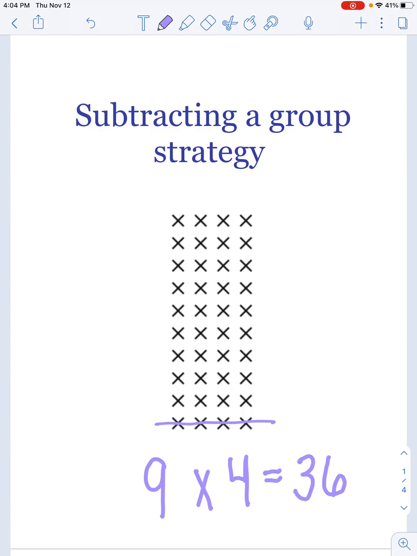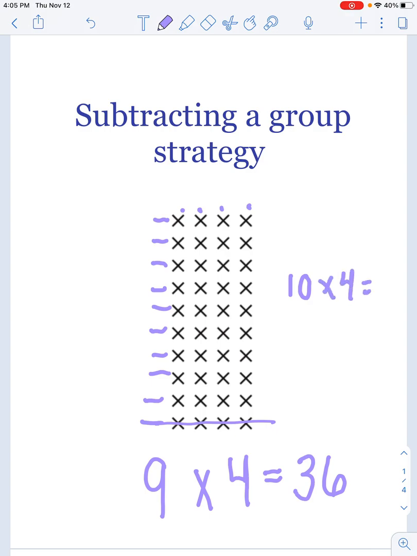Originally the problem was 10 times 4, because you can see I have 10 rows. 1, 2, 3, 4, 5, 6, 7, 8, 9, 10. So it's 10 times 4 because there are 4 in each row.